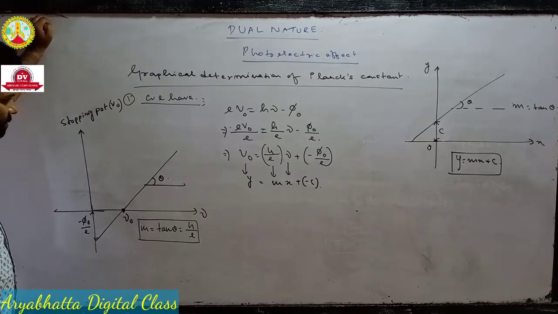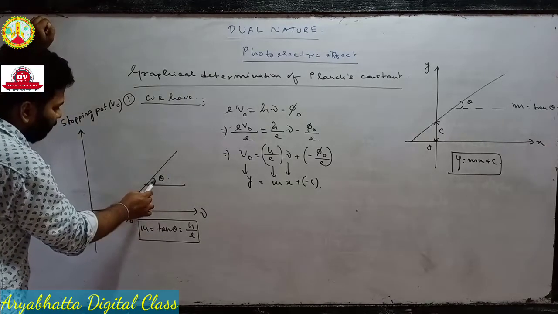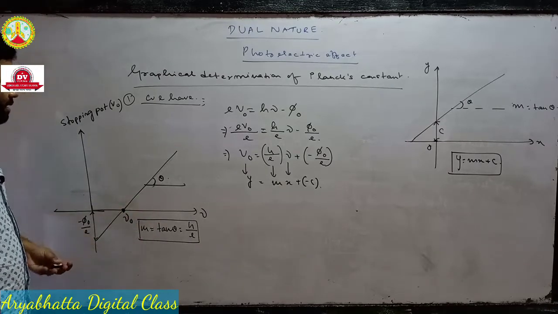Okay, so this is one way through which we can determine the Planck's constant graphically. Because you know charge of an electron, and if you know this angle with the help of some device, then you can easily calculate the Planck's constant.